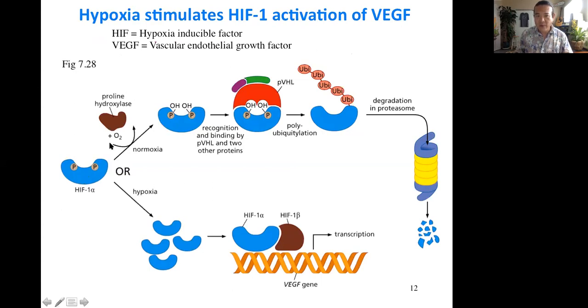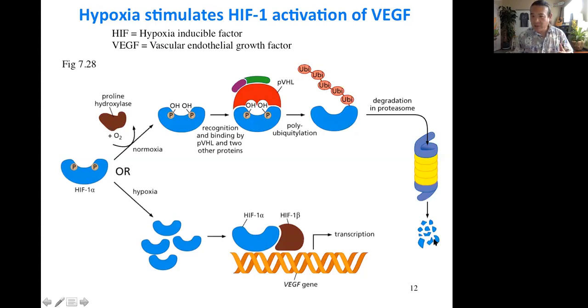So HIF1 normally is acted upon by an enzyme, which is a hydroxylase, that if you have normal levels of oxygen surrounding these cells, then this hydroxylase will modify the HIF1 protein by adding these hydroxyl groups, and then this modified HIF1 then becomes a target of this VHL tumor suppressor gene. This VHL then labels the HIF1 by ubiquitination, and that leads to the degradation of the HIF1.